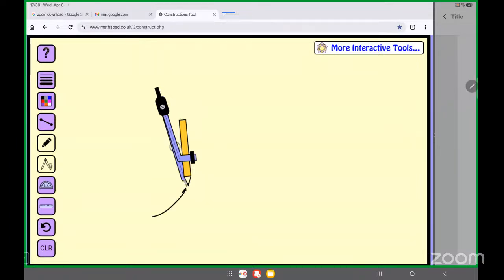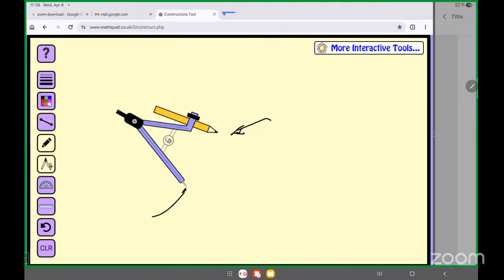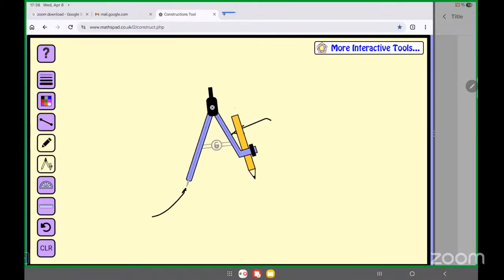All right, they must meet at the same place. Make sure that your pencil is sharp, and make sure that it is short. You don't want a long pencil up here. Some people have the pencil all the way up here, and then it gets in the way of what you're doing. You must use the geometry set pencil, which is a short pencil.